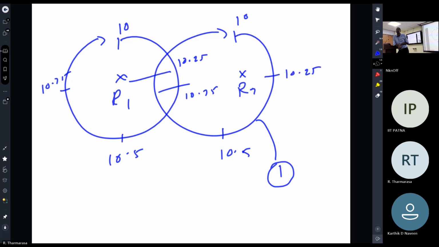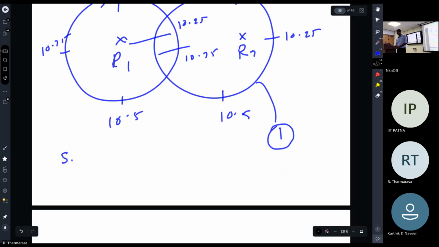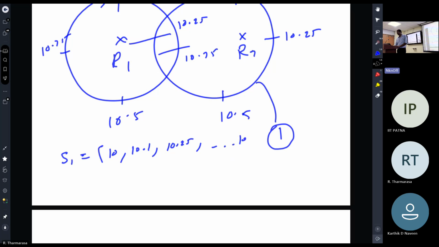So you get 10.25. First, both are centralized at one place. This is what happens: sensor one gives measurements that have values like 10, 10.1, 10.25, and so on, up to 10.75.